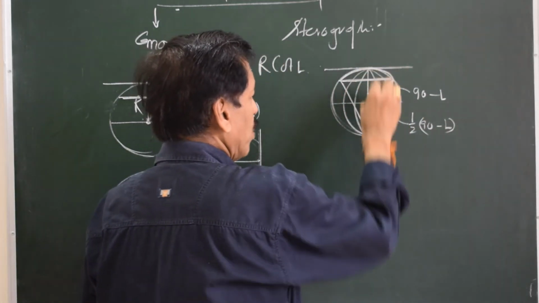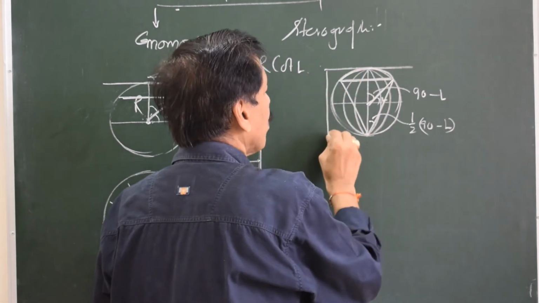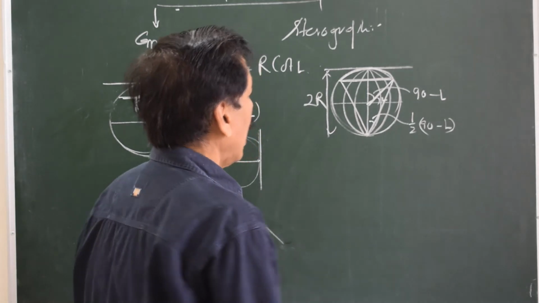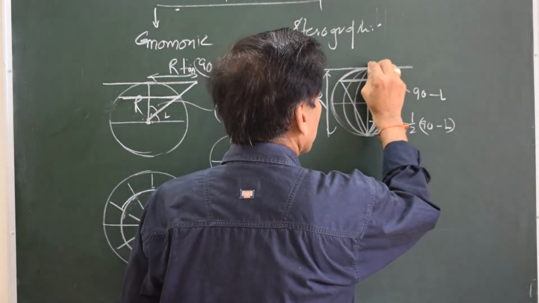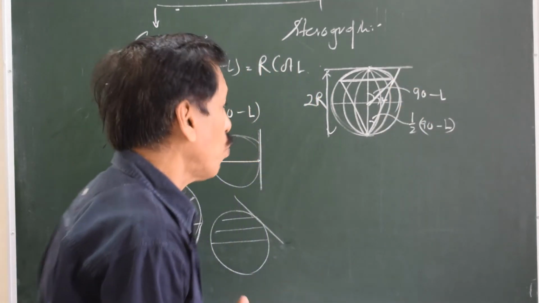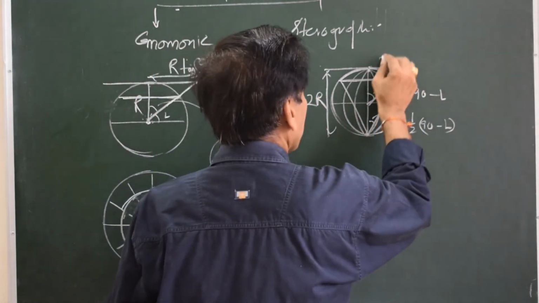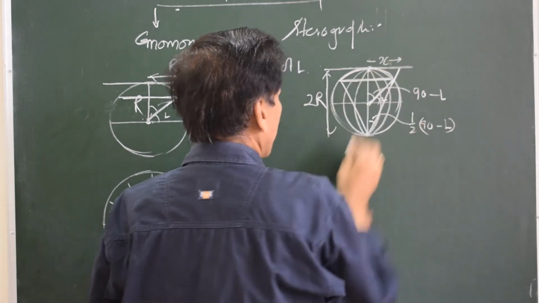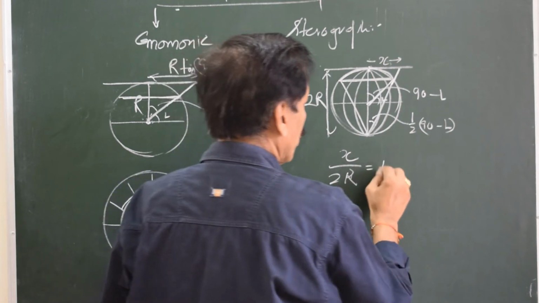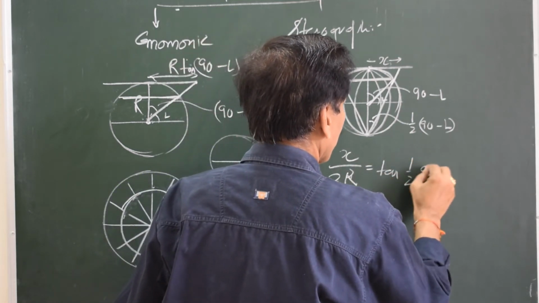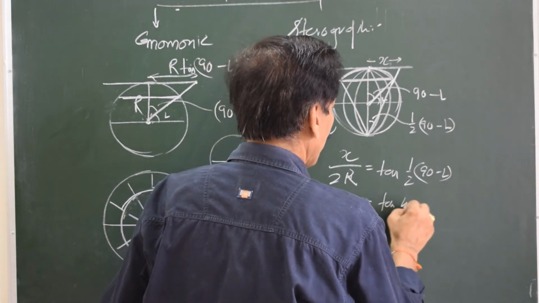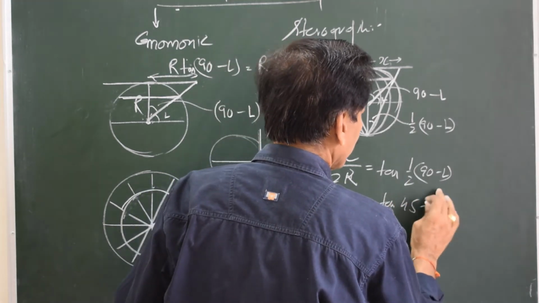The distance from here to here is 2r, because the radius of the globe is r, and therefore this distance from the pole to a point where this parallel of latitude would be projected can be found like this. If this distance is x, then x upon 2r is equal to tan of half of (90 minus L), or tan of (45 minus L by 2).